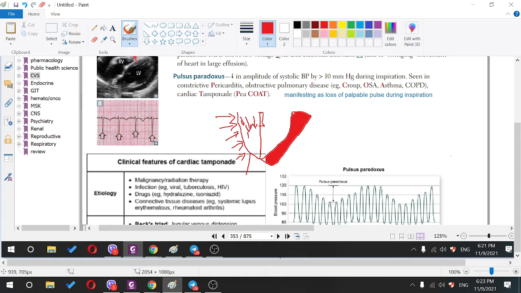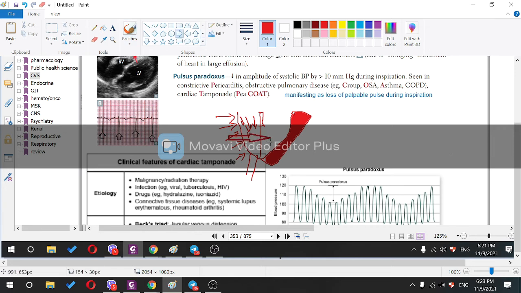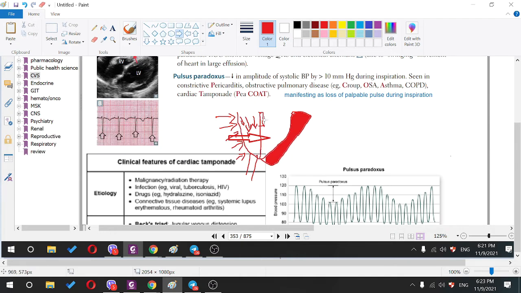Well, they can go to the pulmonary trunk. That is correct, but the pressure is massive. So the sum of all of this energy will go to this side. When it goes to the left ventricle, basically, there will be a shift of the septum to the left ventricle, okay? Shift of the septum to the left ventricle.